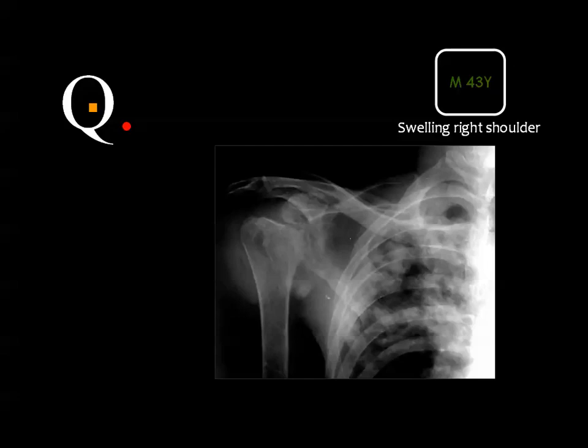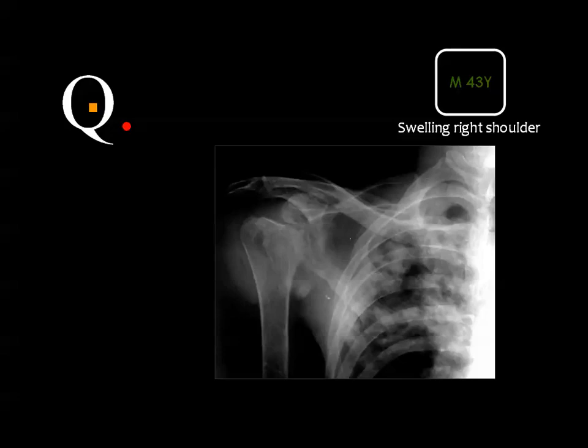And this is the X-ray of the right shoulder showing abnormalities in the upper chest and within the right humerus, with flattening of the humeral epiphysis and expansion of the humeral metaphysis, soft tissue density, the projection of the synovium.